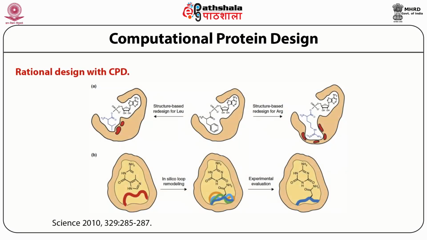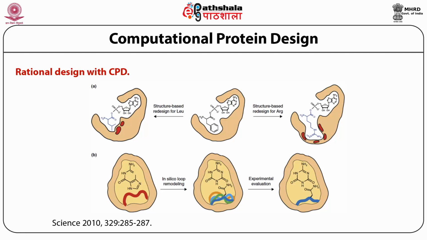This computational protein design is one of the best examples, which was published in Science in 2010. If you take the upper middle picture, the protein catalytic active site is good for the phenyl ring. So you want to design it for arginine or leucine.